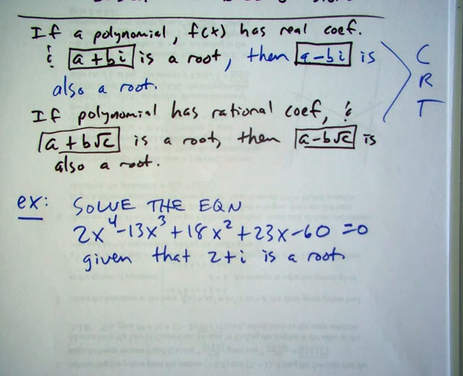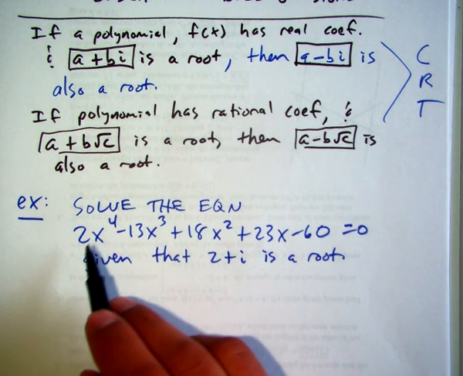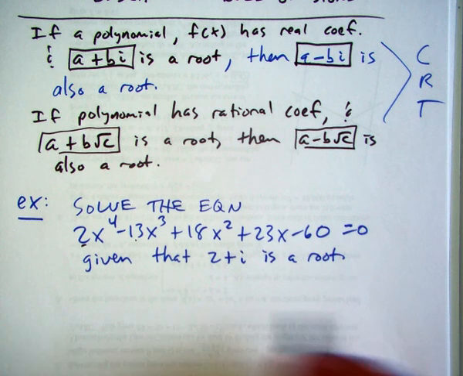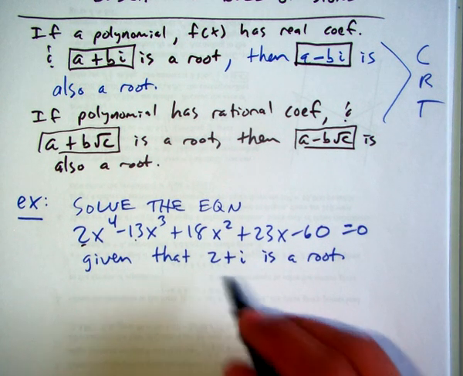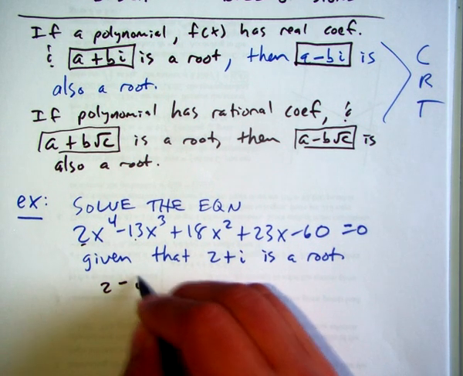Okay, so because of the conjugate root theorem, here I have this complex root, and all my coefficients are real numbers. So that means that not only is 2 plus i a root, then we know 2 minus i is also a root.